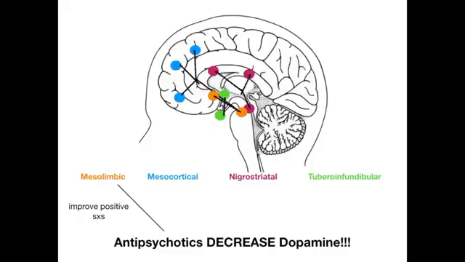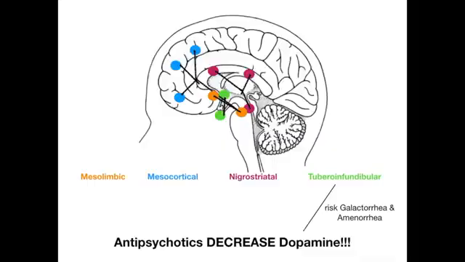In the mesocortical pathway, we have the potential to worsen negative symptoms because we're further decreasing already decreased dopamine. In the nigrostriatal pathway, we're risking EPS or extrapyramidal symptoms because we're going to induce movement disorders. We can cause Parkinsonism, among other things, and we'll get into that later in the lecture. And in the tuberoinfundibular pathway, we risk galactorrhea and amenorrhea. So amenorrhea and galactorrhea are coming from the increased levels of prolactin because of the decreased levels of dopamine. So this is all very, very high yield.